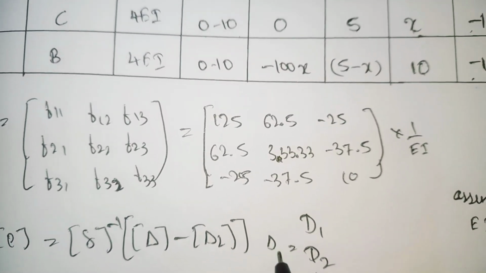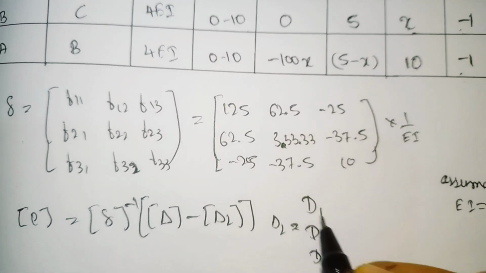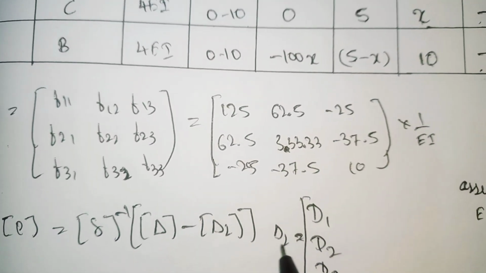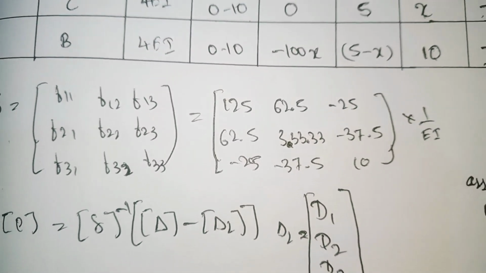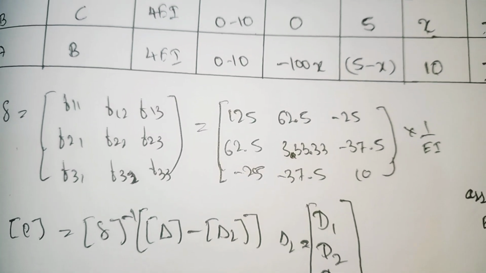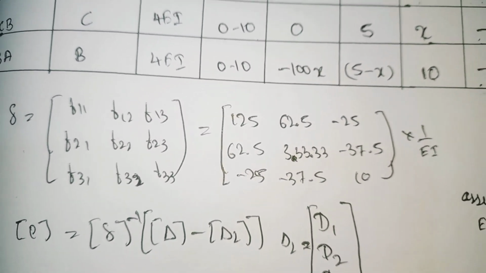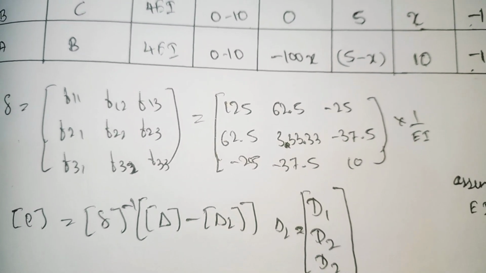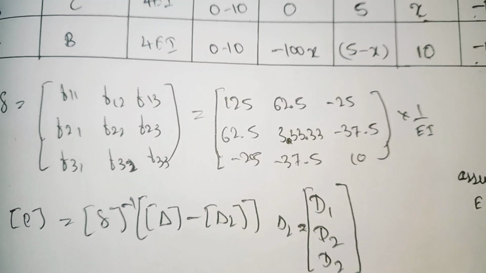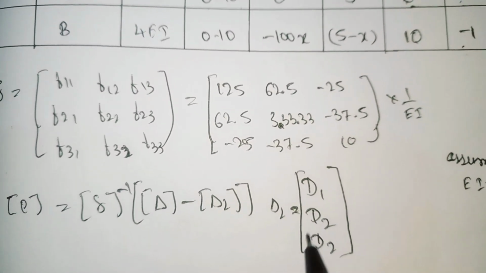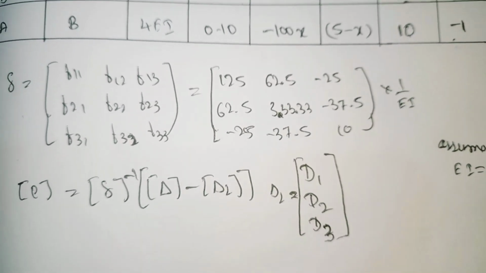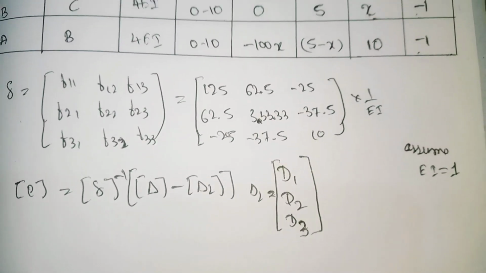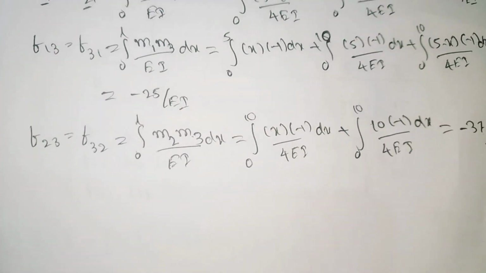We have 3 redundants, so that many we need to take in the DL matrix. For that we need to take a 3 into 1 matrix. DL is a 3 into 1 matrix, D1, D2 and D3. So now we need to find D1, D2 and D3. I will show how to find. You all know already. We'll solve here.